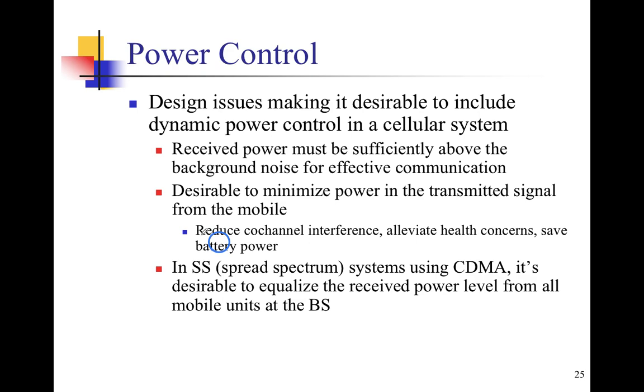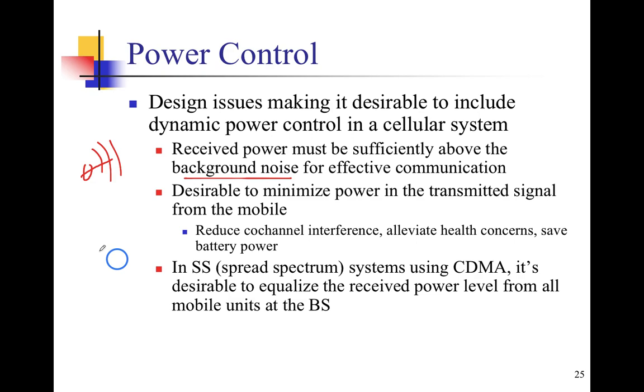Received power must be sufficiently above the background noise for effective communication. So we understand this one. Why background noise? Because we transmit in open air, meaning the signal can go through multipath. We have learned this one.